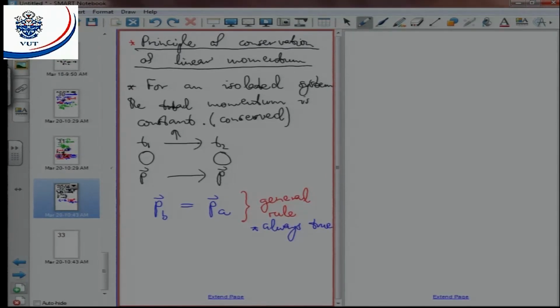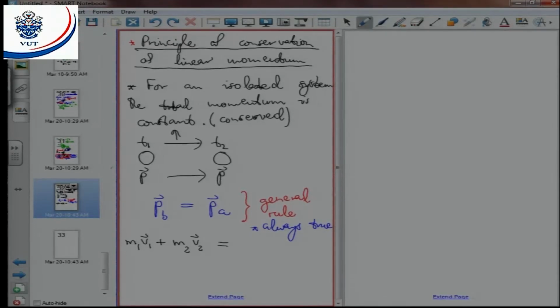Okay, so how do we use this equation? Say, for example, you've got two particles. The momentum before is the momentum of particle 1, which is the mass times velocity of particle 1, plus the momentum of particle 2, the mass times the velocity of particle 2.